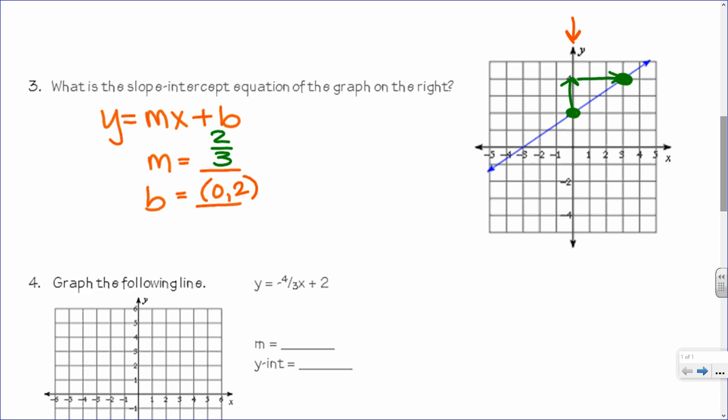So my slope would be 2 over 3, or 2/3. Now I have everything that I need to write my equation in slope-intercept form. So this would be y equals my slope, 2/3, times x, plus my y-intercept, so plus 2.